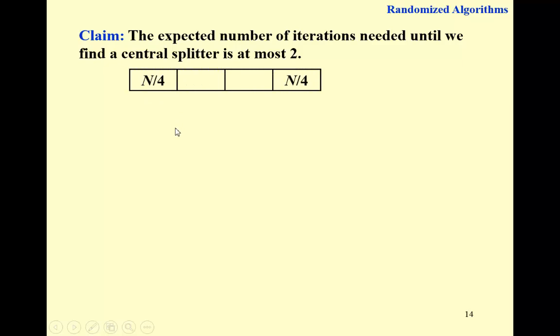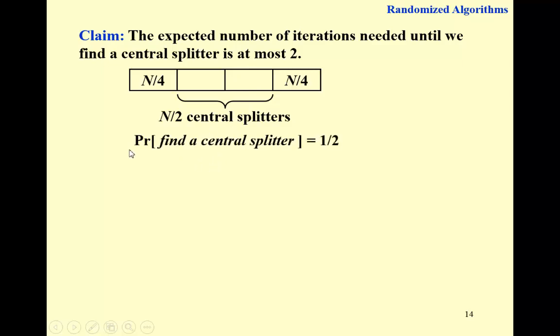According to the definition, if we divide the set into 4 quarters, then these elements in between are all qualified to be the central splitter, right? So that means half of the elements can be central splitters. So that means we have 50% chance to hit a central splitter, right? And therefore, the probability of finding a central splitter in one hit is just 1/2, and that completes the proof.